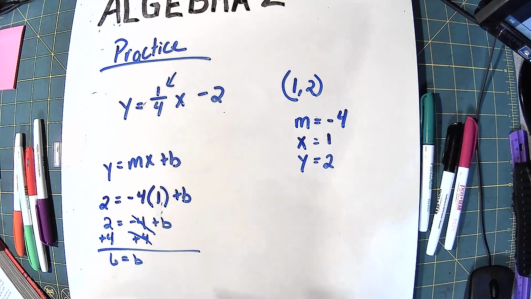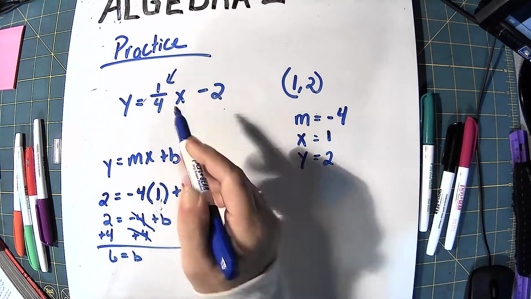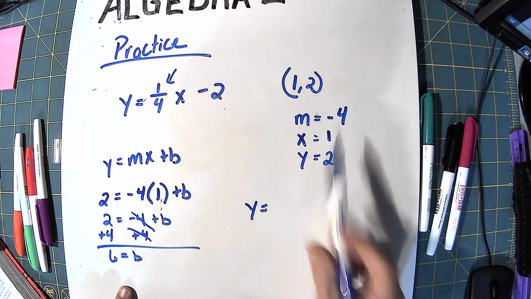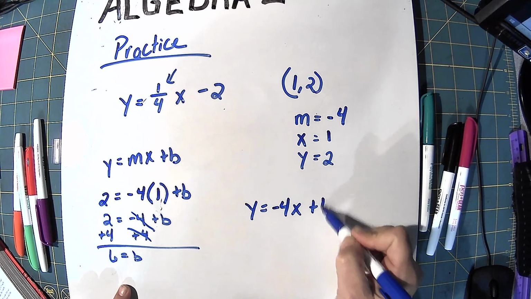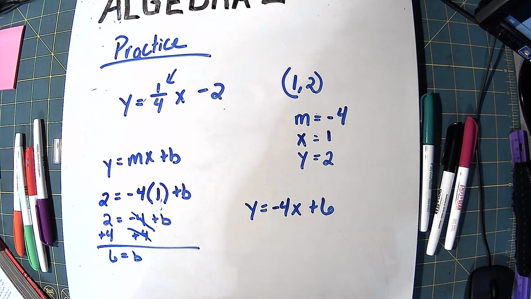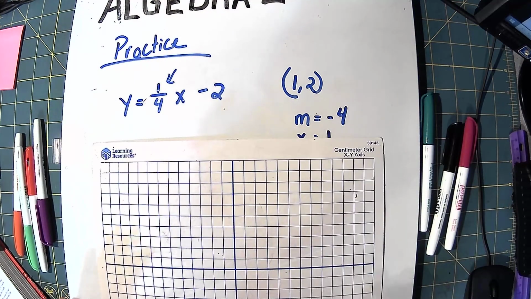equals b. Now we know our b value and we can write our equation, which would be y equals m, which is negative 4x plus b, which is 6. Now if we wanted to prove that, we could graph those lines. So I'll start with y equals 1/4 x minus 2.